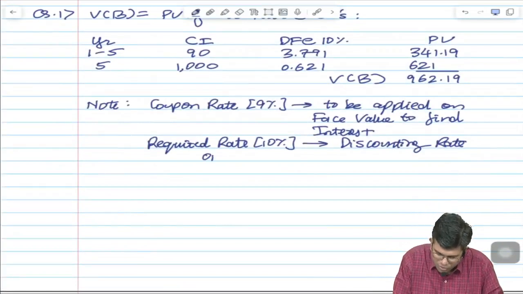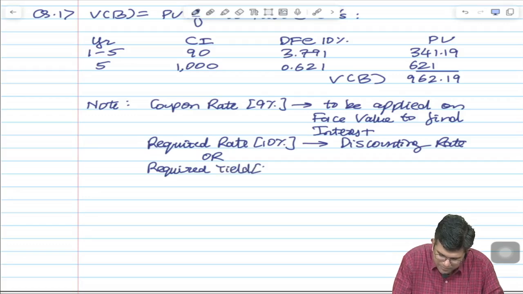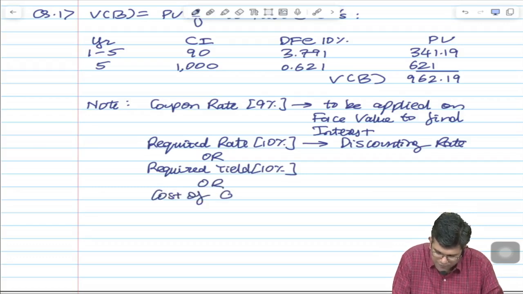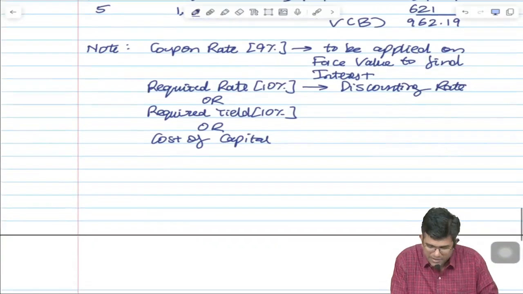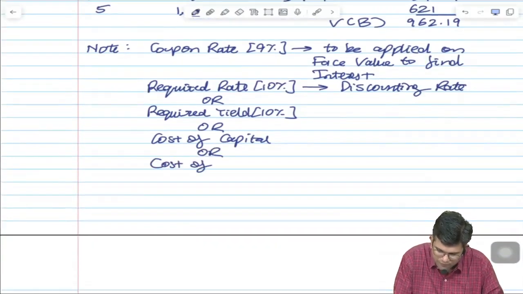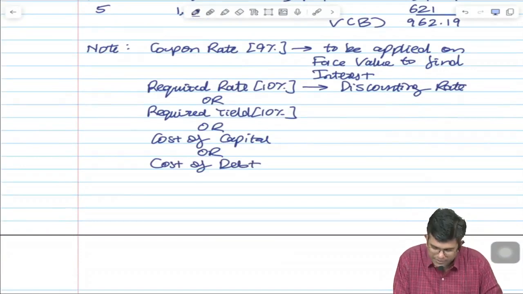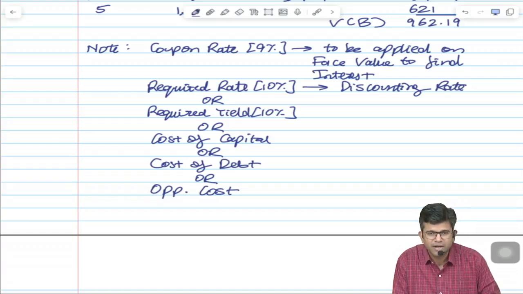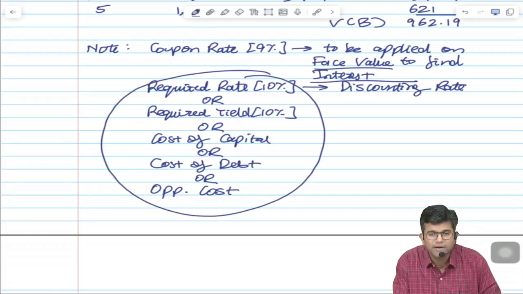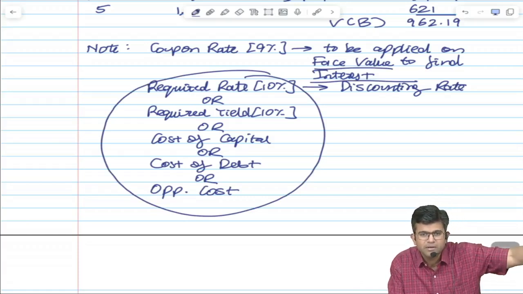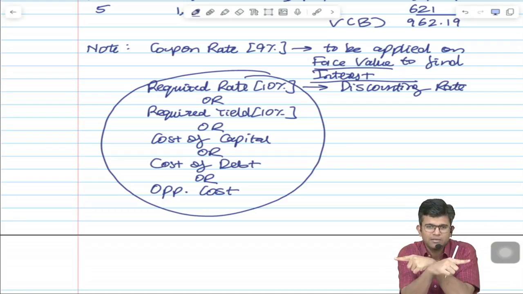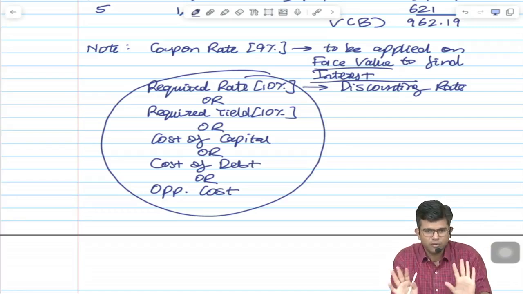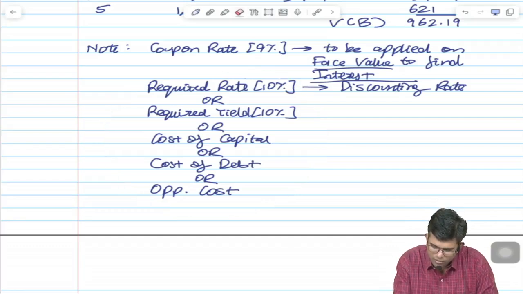Required rate can also sometimes be called required yield. It can also be called cost of capital. You're understanding, no? There are different words. It can also be called cost of debt. It can also be called opportunity cost. So these are different words, but never apply these rates on face value to find interest. That interest rate, the coupon rate, is different. Everyone, you understood now? If you do it like this, then it's gone. I hope you understood. So this note also I want you to write in your notebooks.